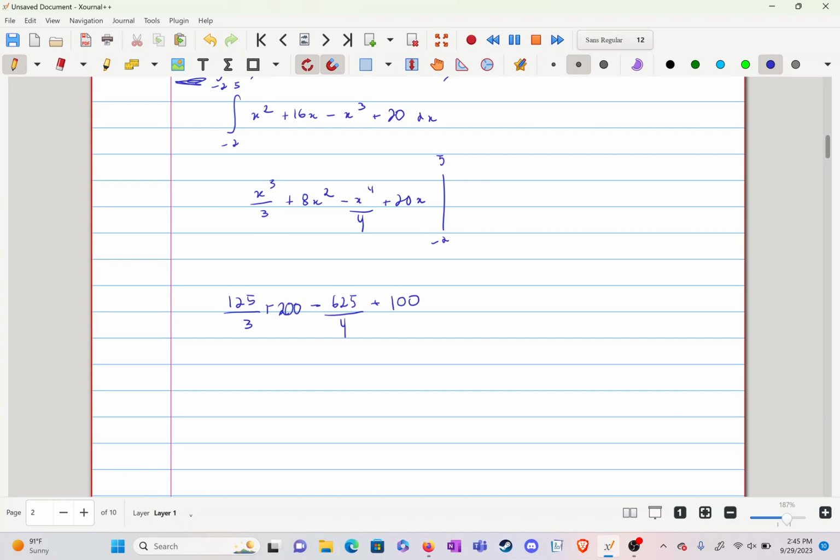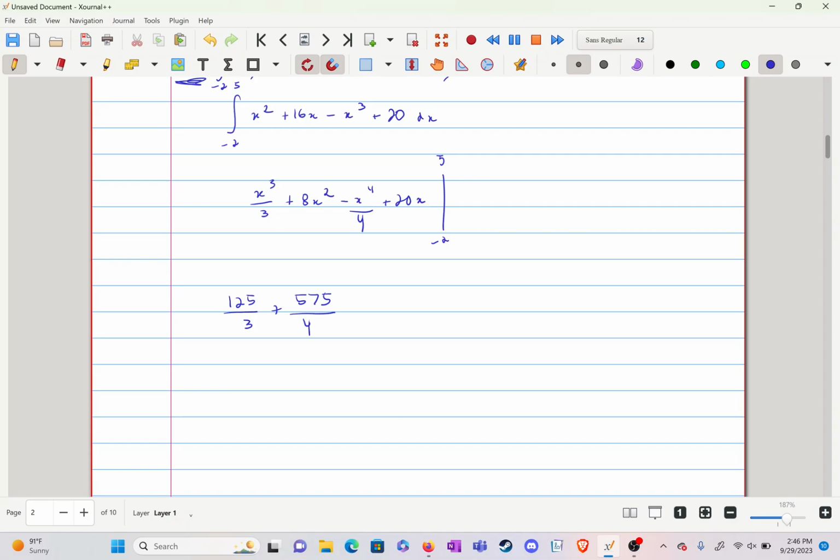Alrighty, well, we can add that to 200 and 100, which is 300. So let's go ahead and do that. 300 over 1, multiply that by 4, so 1200 over 4. And it should be 575, but we're just going to double check, don't want to make any errors. 575 over 4. And let's multiply everything by 4 and 3 respectively.